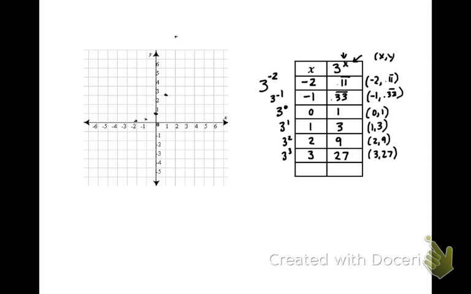And then 3, 27 is way up there. So then we just connect the dots. We can stop right there because we can't go anywhere further off the graph, and these points here just get closer and closer to the x-axis.